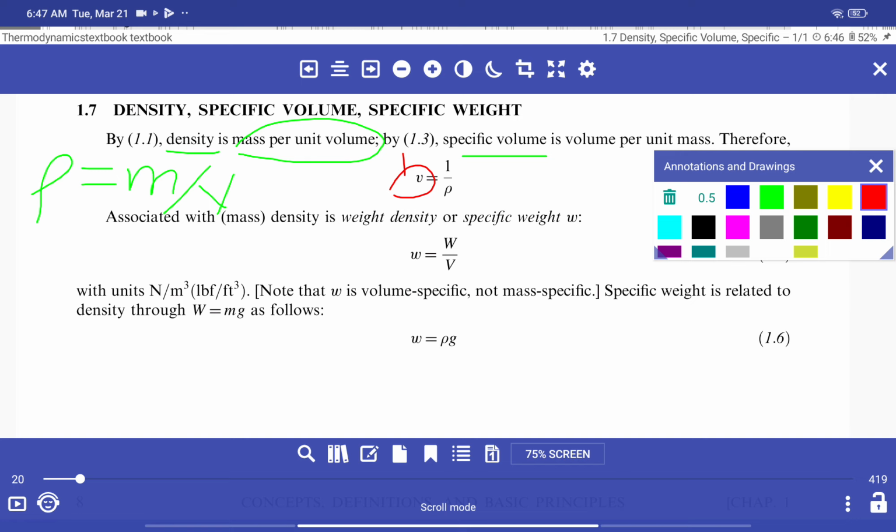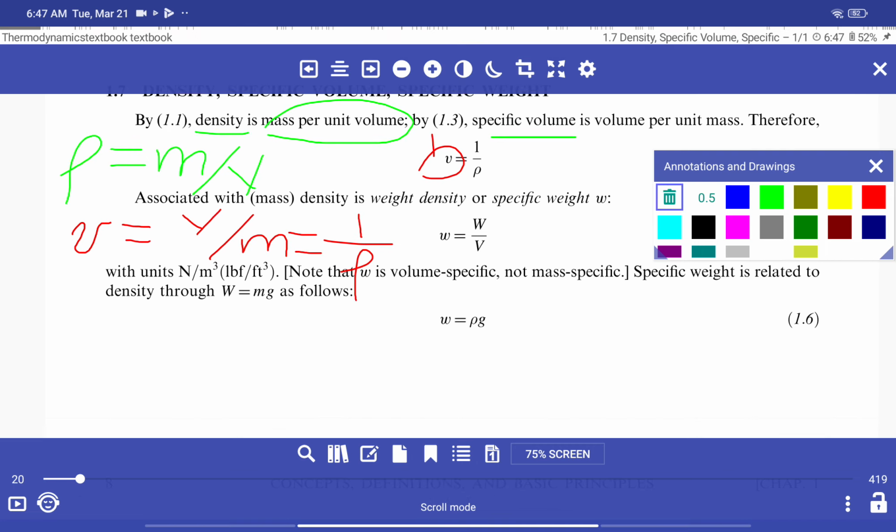Small v is equal to volume per unit mass. So in other words, it is the reciprocal of density, 1 over density.